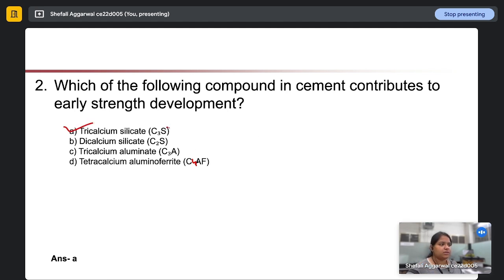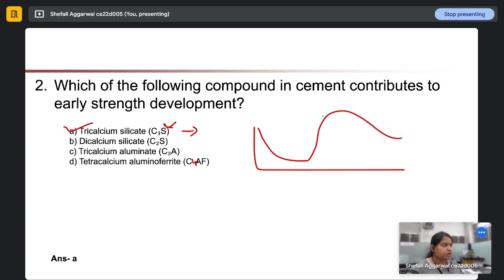C3S has high silica content because of high calcium oxide content. It will contribute to early strength development. Even from our hydration curve, the acceleration period is mainly due to the hydration of C3S, which contributes to the higher early strength in the concrete system.